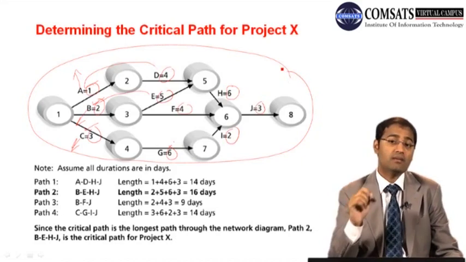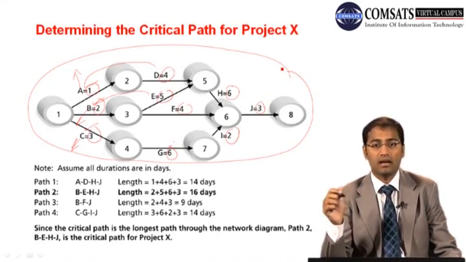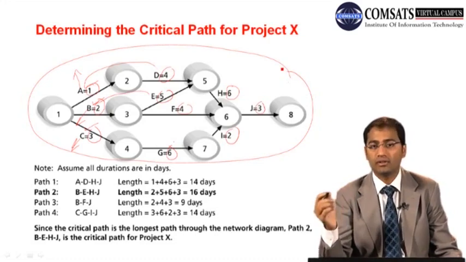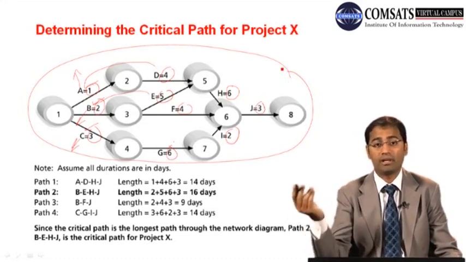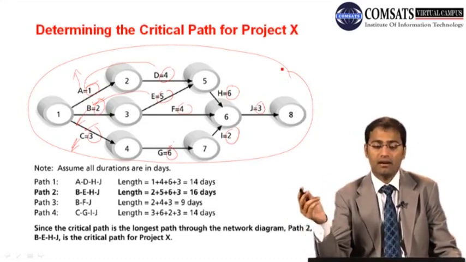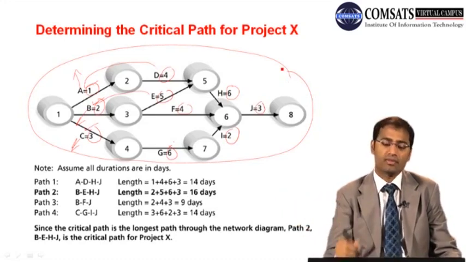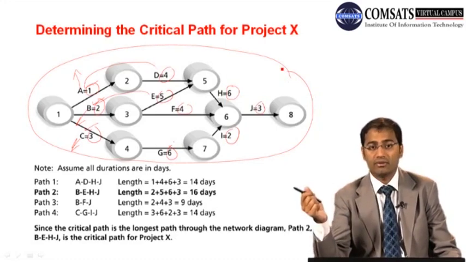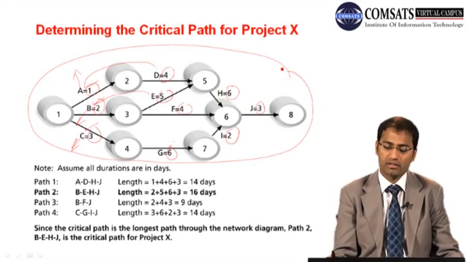Then comes the part we were discussing earlier: estimate activity resources, and we had a very good example of bricklaying. And then we had the estimate of activity duration. Now from that activity duration process, we have come to this table.